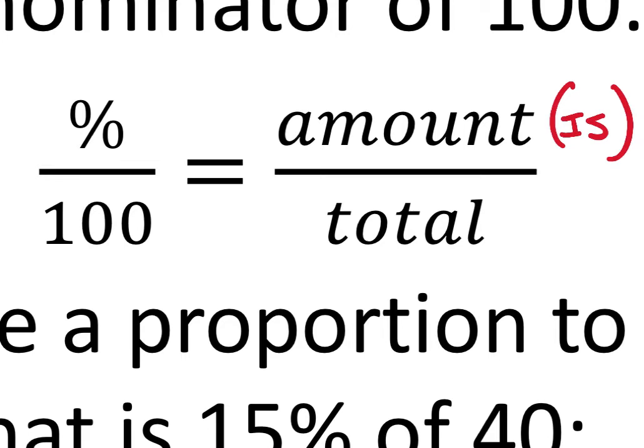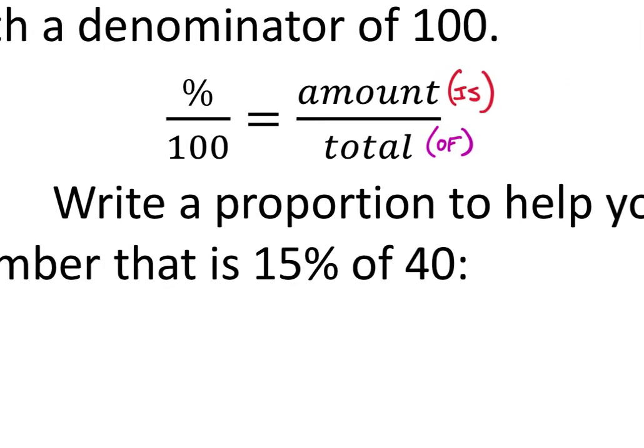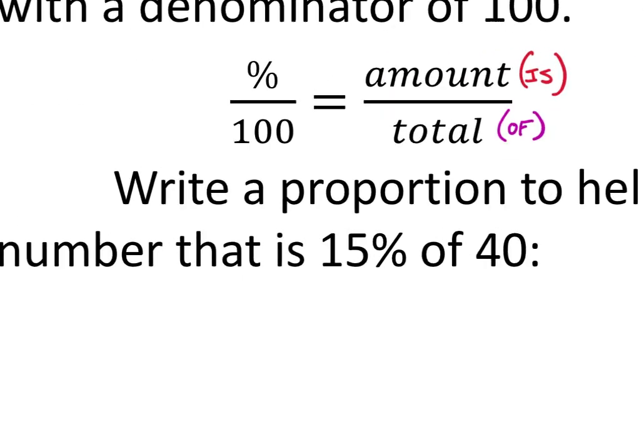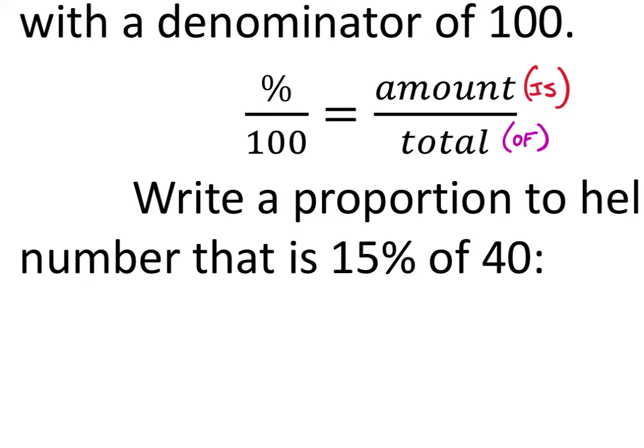And the total is usually associated with the word of. Is, of. So in case you were wondering where to put these numbers, if you can find the word is and the word of, that should help you figure out where those numbers go, okay? So in this one, what number is 15% of 40?